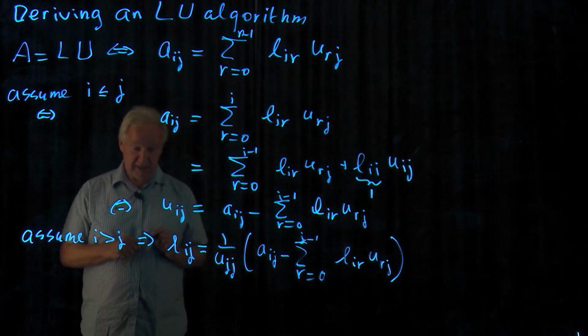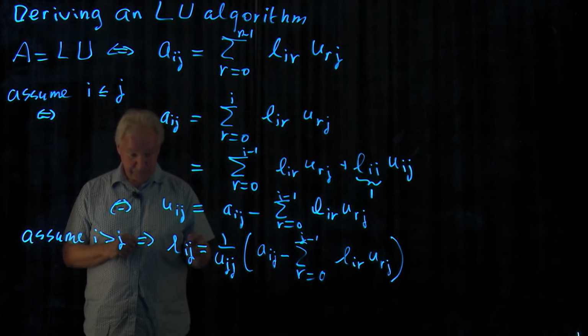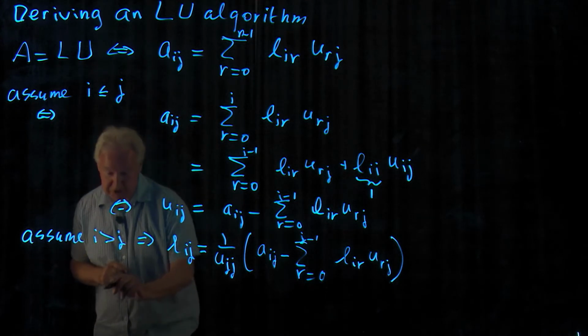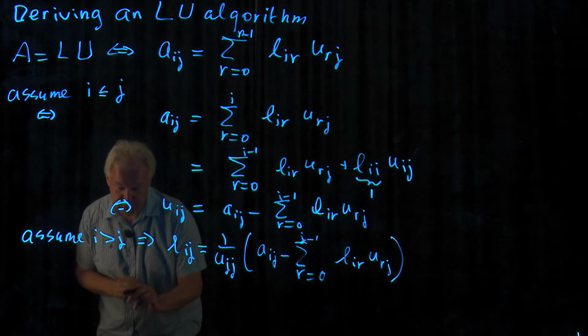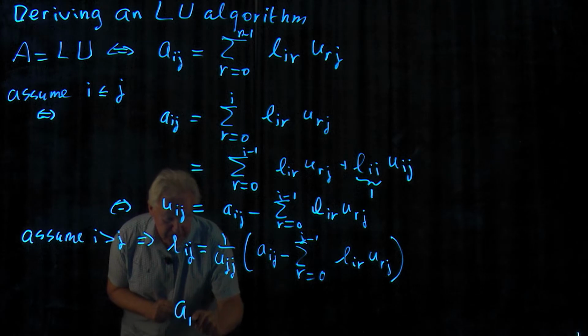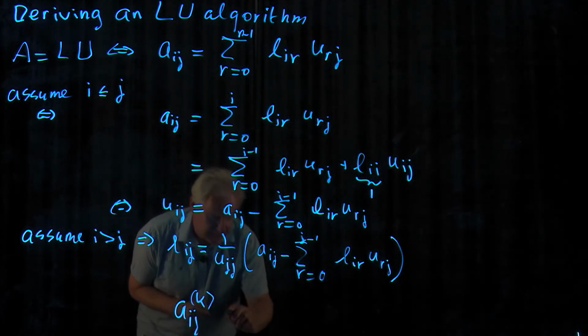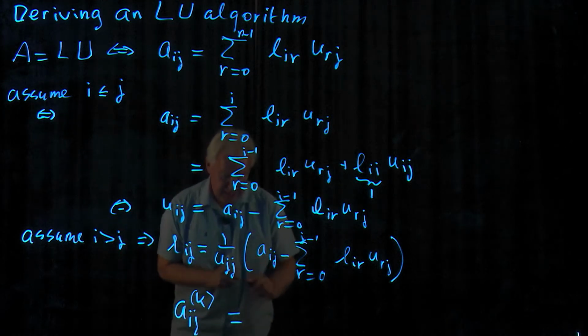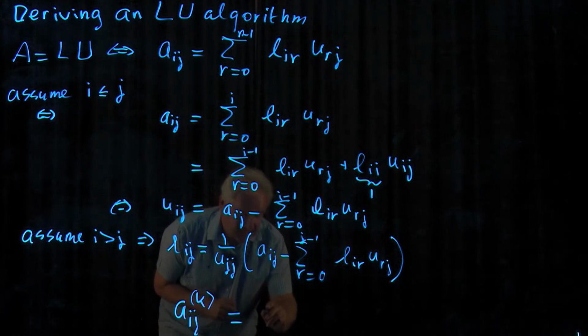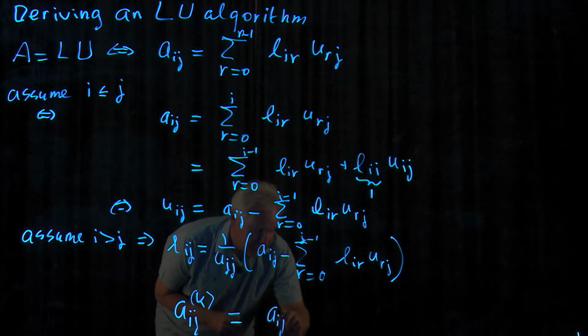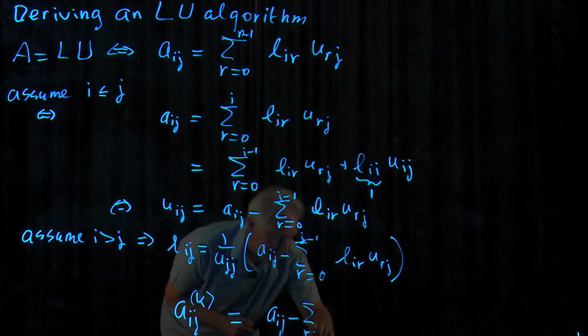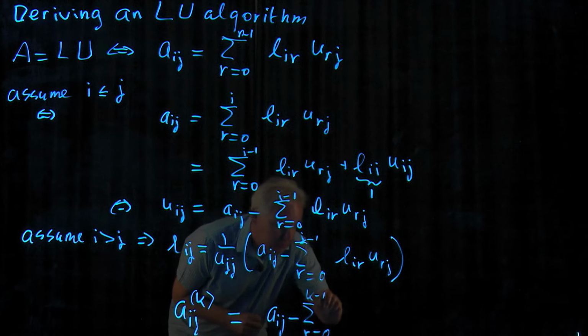Then we can use a nice notation: Aij at stage k equals Aij minus the sum up to k minus 1.